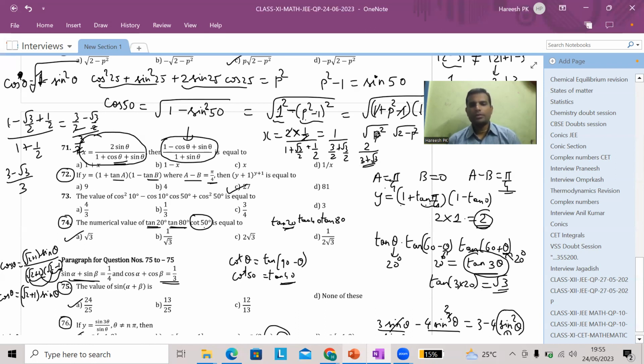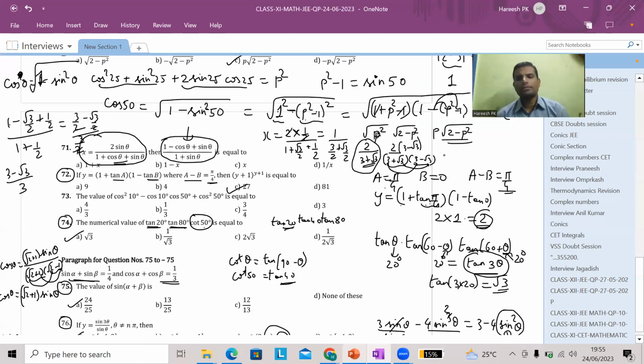Isn't it? Now, if I try to rationalize this, let me try to rationalize this. So this will give me a square. A square means 3 square. 3 square is 9, and root 3 square is 3. So you'll get 9 minus 3.